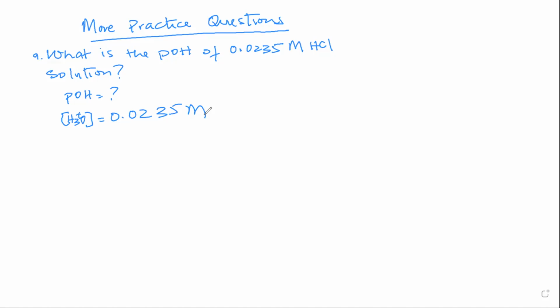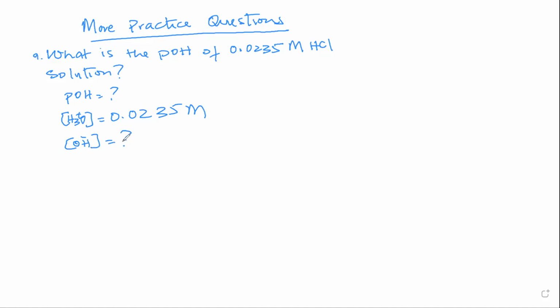Okay, so if we want to solve pOH, we should know the concentration of hydroxide ion.